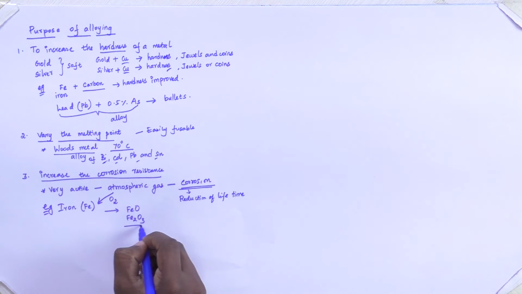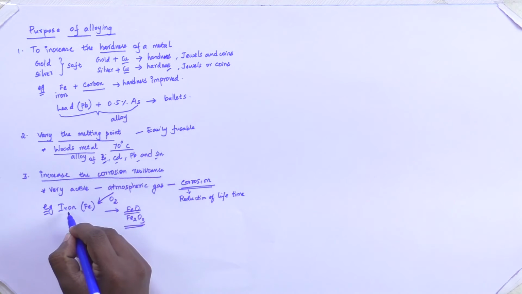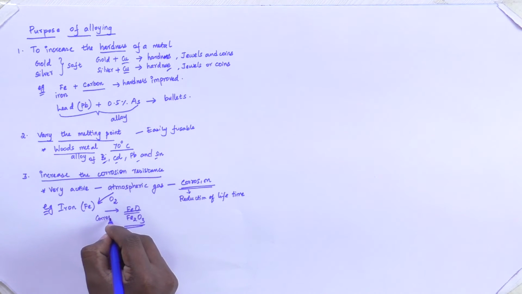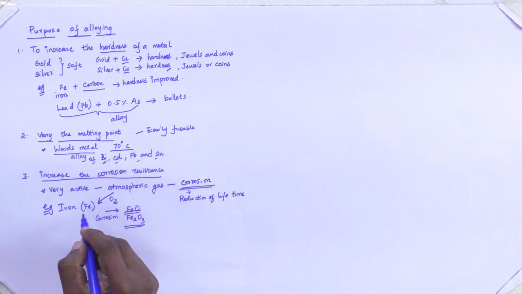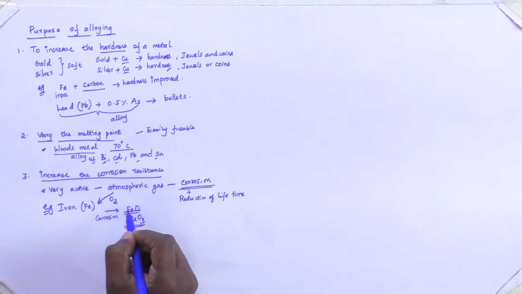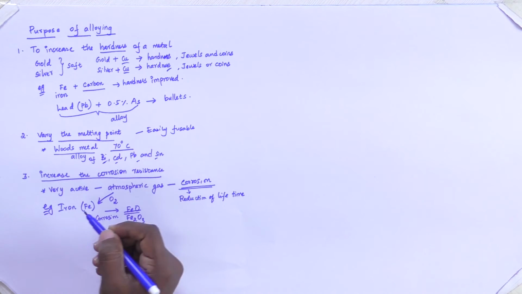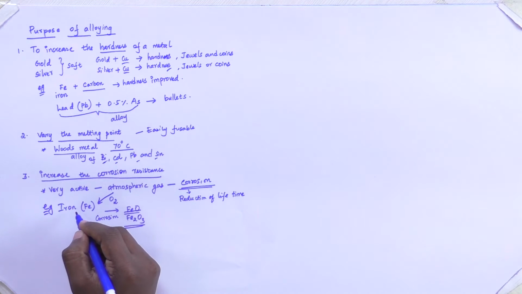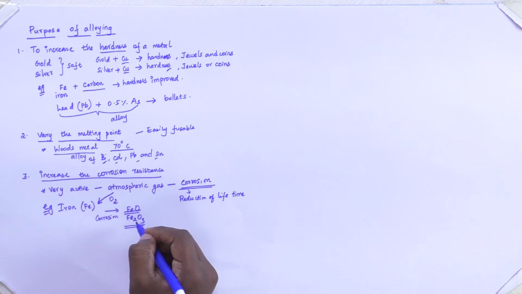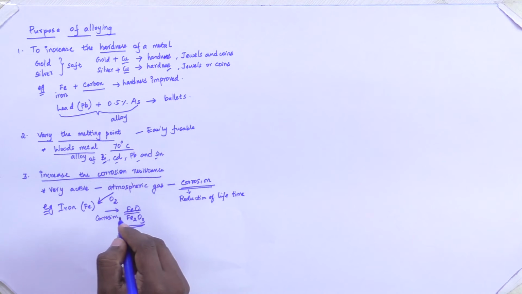So these are oxidized products of iron, which is formed as a result of corrosion. So as a result, what will happen, this iron metal what we are using, it keeps on oxidizing towards oxide. As a result, its quality as well as its strength get decreased, and at some point of time you don't get any iron, everything is vaporized into that atmospheric gas.